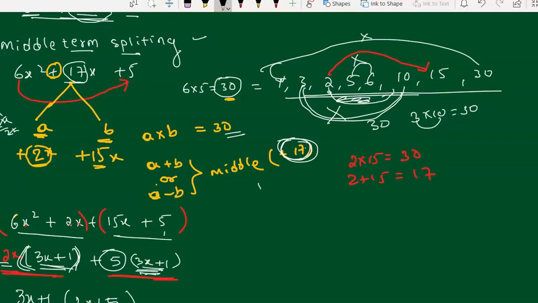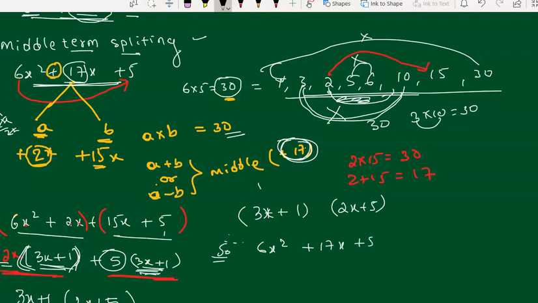Understood? Now I can write 3x plus 1 and 2x plus 5 are the two factors of the given polynomial. So finally, 6x square plus 17x plus 5 I can write in this form.